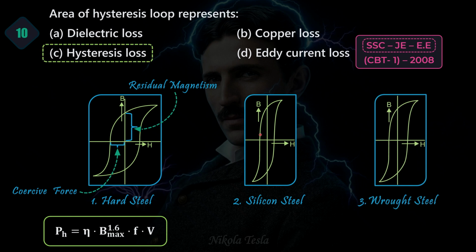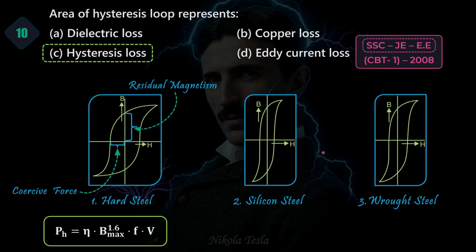If we compare the area of the hysteresis loop of the three materials, we can say that the area of the hysteresis loop of silicon steel is the least compared to the other two materials. Therefore, hysteresis loss occurring in silicon steel is the least as compared to the other two.